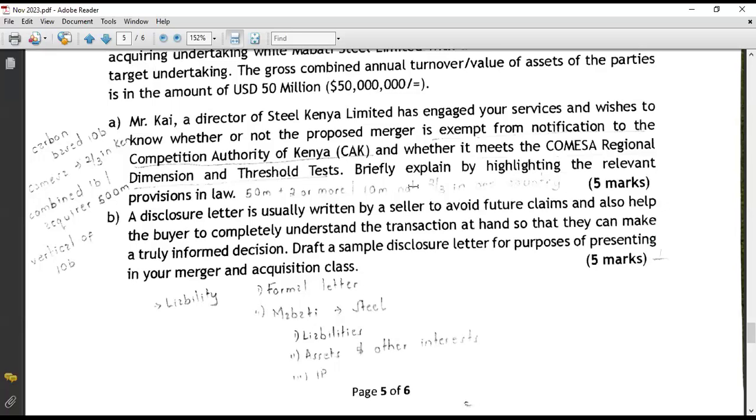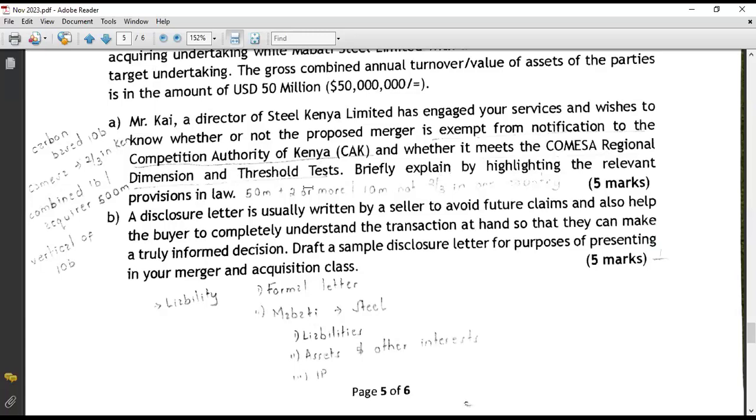So there are two key words here: whether the proposed merger is exempt from notification to the CAK, and whether it meets the COMESA regional dimension threshold tests. And you must answer your question with the relevant provisions of the law. So, that is how you interpret the question.